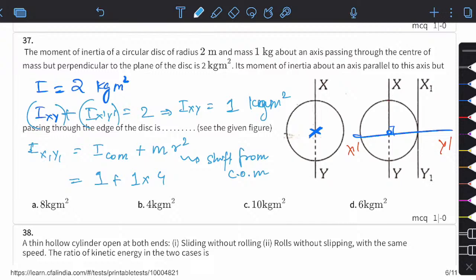Let me just check quickly. The moment of inertia is 2. Perpendicular is 2. So each of them will end up being 1, and 1 plus 1 into r square is 5. Okay, so I guess the options were not entirely correct.